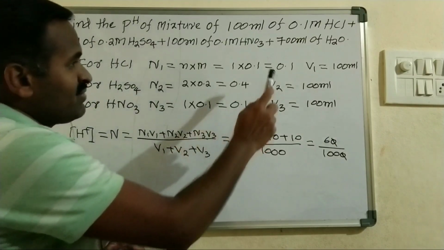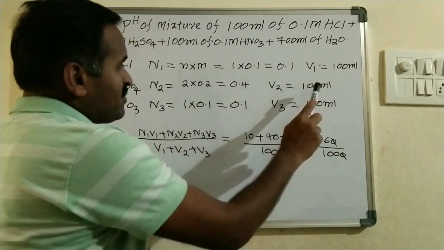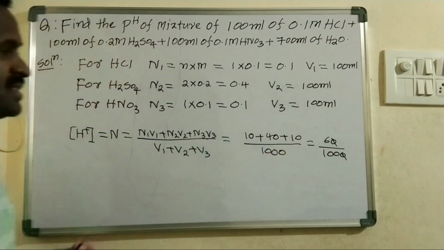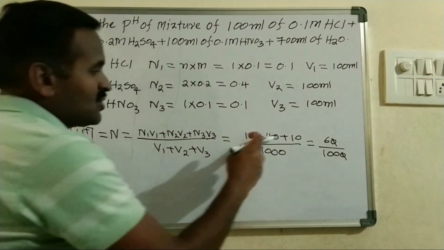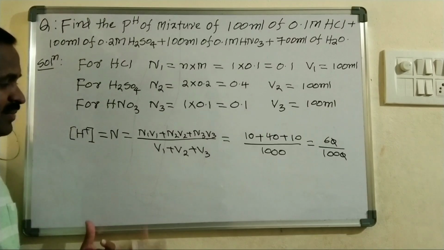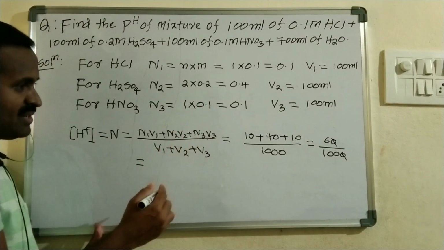So here N1V1 is 0.1 into 100, you will get 10, again 0.4 into 100 you will get 40, and 0.1 into 100 means 10. The total is 60 divided by 1000.